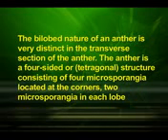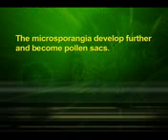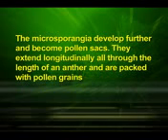The anther is a 4-sided or tetragonal structure consisting of 4 microsporangia located at the corners, 2 microsporangia in each lobe. Here, I would like to mention that the microsporangia develop further and become pollen sacs. They extend longitudinally all through the length of an anther and are packed with pollen grains.